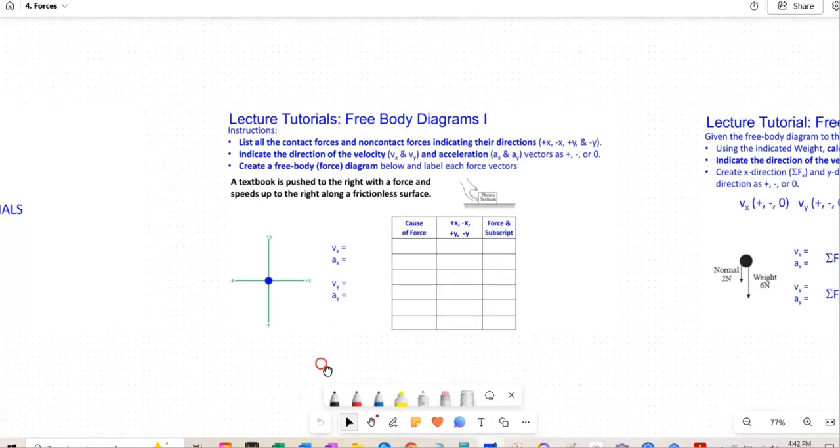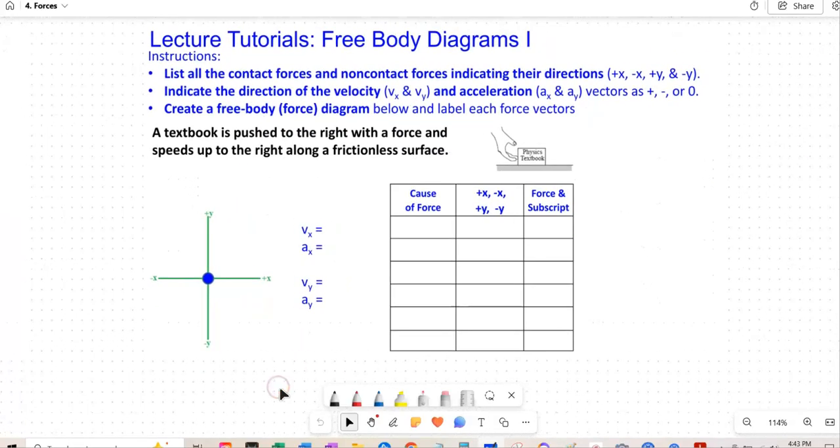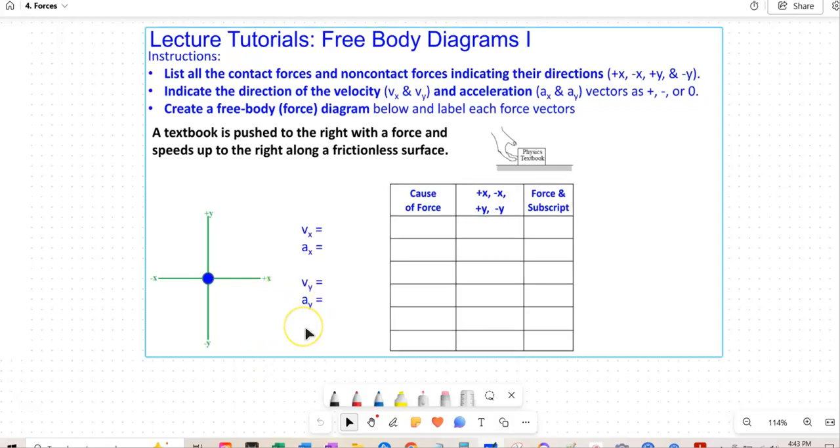So let me show you how to do these. All right. So the intent here is to help you with creating force diagrams.